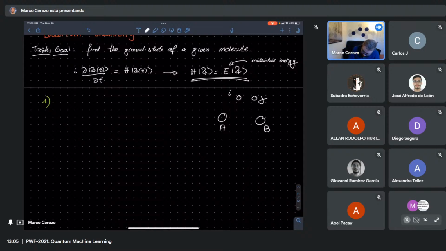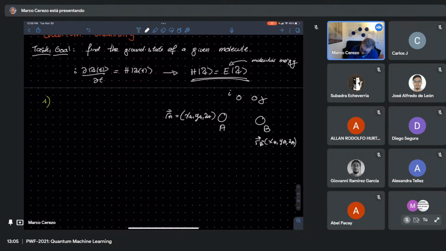What we're going to define is the R vector for the nucleus A, which gives me some position, X_A, Y_A, Z_A. I can do the same for nucleus B, parameterizing its position like X_B, Y_B, Z_B.